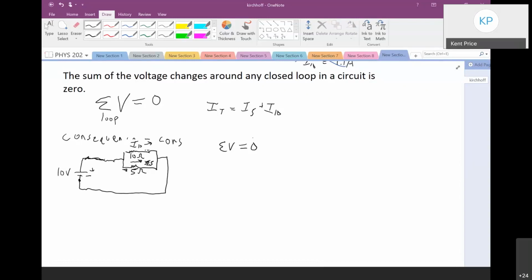I'm going to go clockwise. We start here, and then we go up across the battery. Think of the battery like an up staircase, or an escalator. We went from the negative to the positive, so we're going up the escalator. And that means we have plus 10.